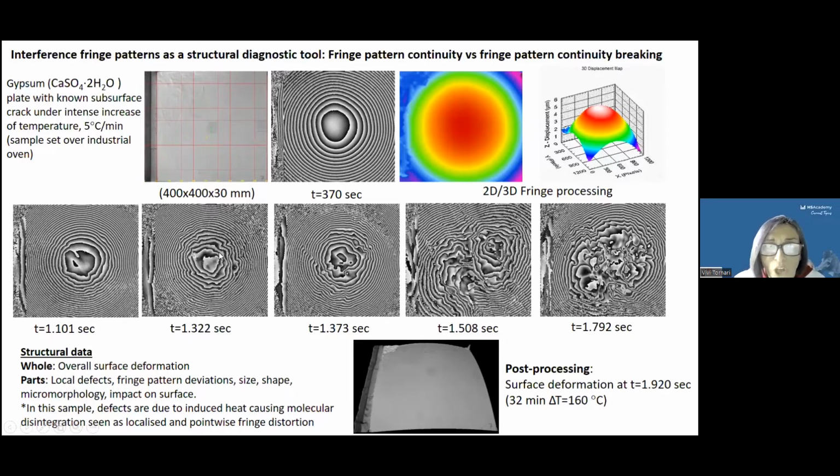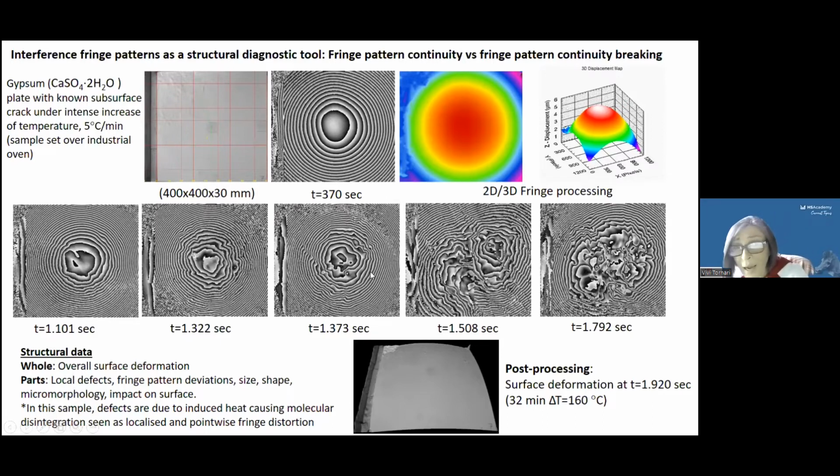Here we see the changes in the fringes as a whole, because our sample is a solid structure, a homogeneous gypsum plate. So we see that it generates this disruption of fringes along the center of the distribution, and we see that it happens in each fringe individually.